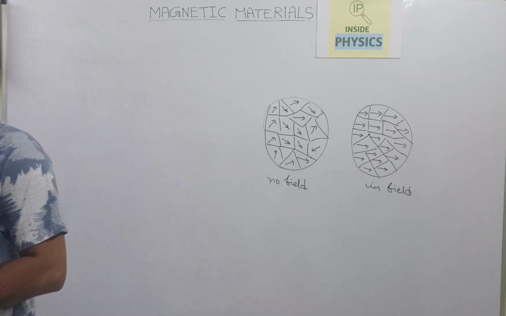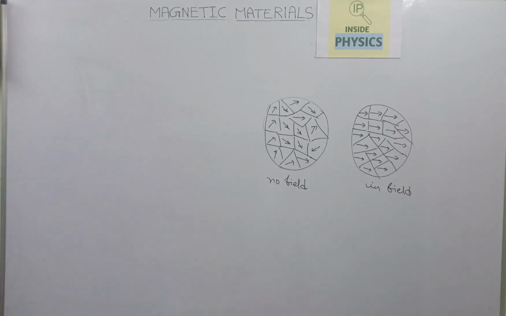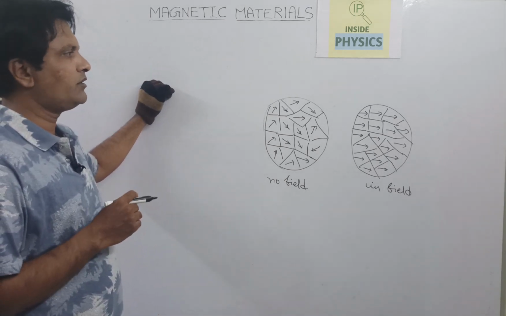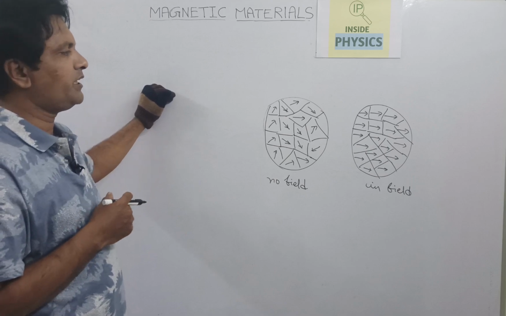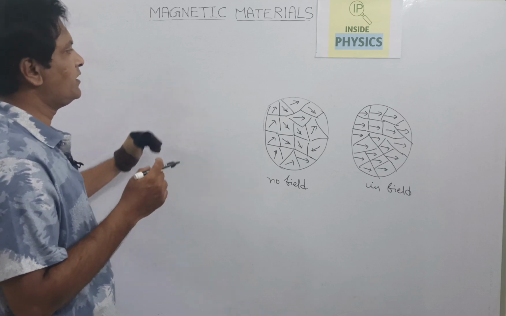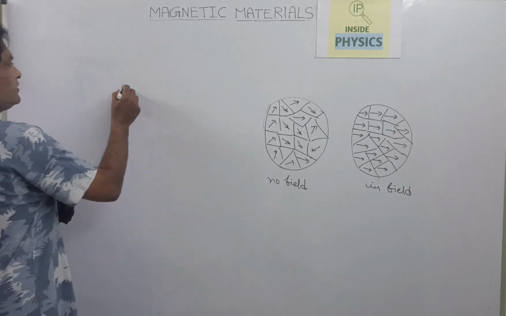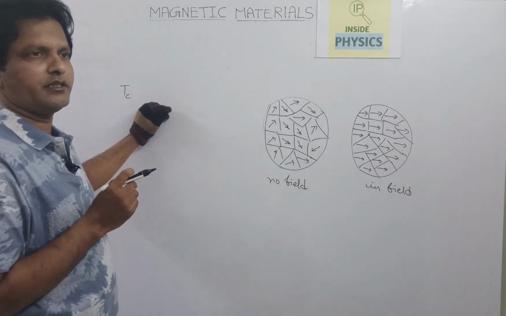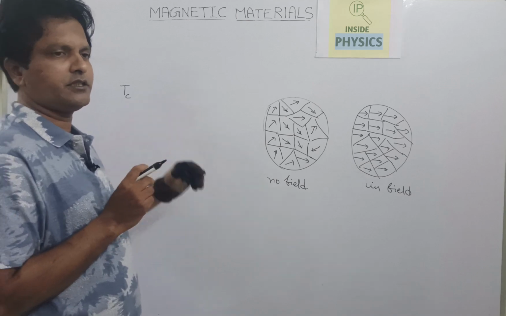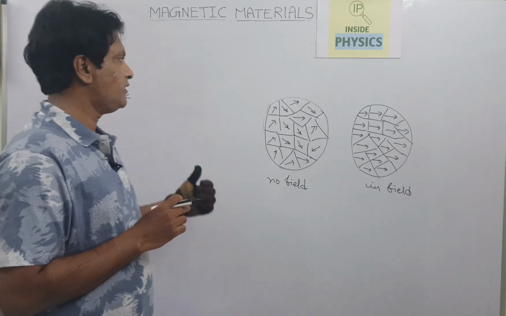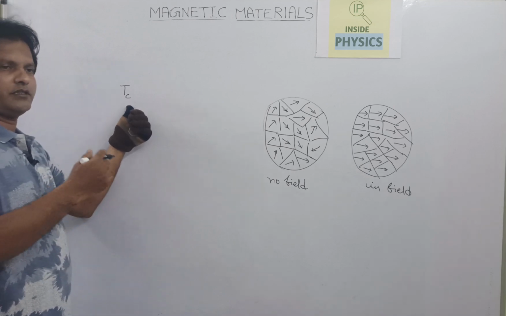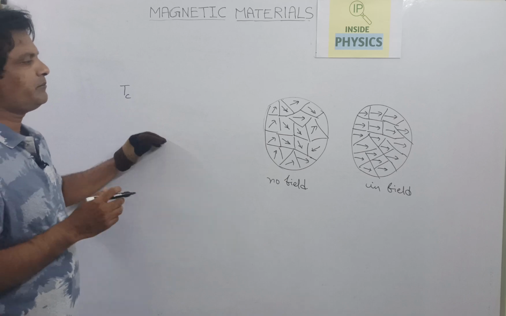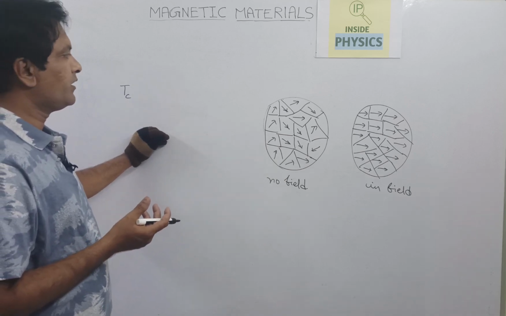So here we can say this is spontaneous magnetization. Spontaneous magnetization is temperature dependent. How the temperature affects the spontaneous magnetization: we can say the Curie temperature Tc is the temperature at which the spontaneous magnetization will cease as the temperature of the material increases.